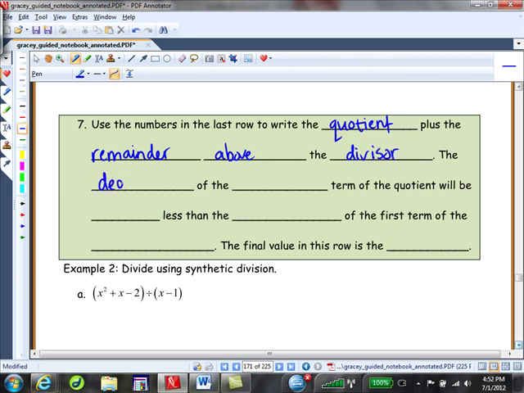The degree of the first term of the quotient will be 1 less than the degree of the first term of the dividend, because we are dividing by x to the 1 minus some constant, so it will just reduce the powers of x by 1. The final value in the row is the remainder.